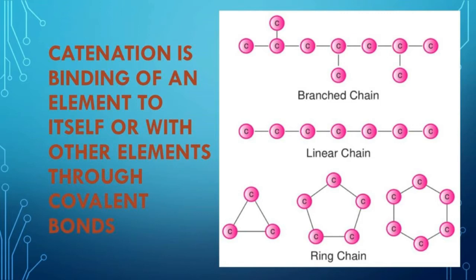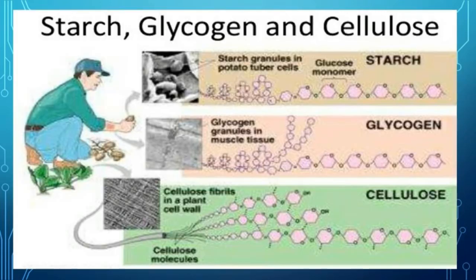This property of carbon is the reason for the presence of a large number of organic carbon compounds. So, organic chemistry essentially deals with catenated carbon compounds. For example, starch and cellulose contain chains of hundreds of carbon atoms. Even plastics we use in our daily life are macromolecules of catenated carbon compounds.